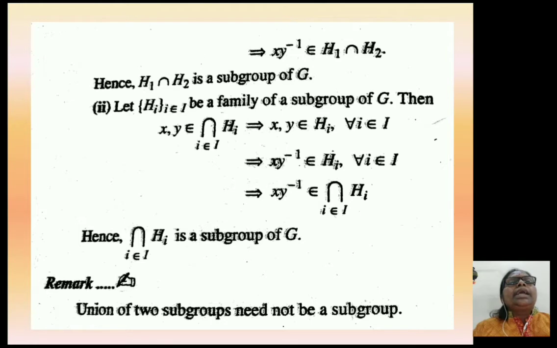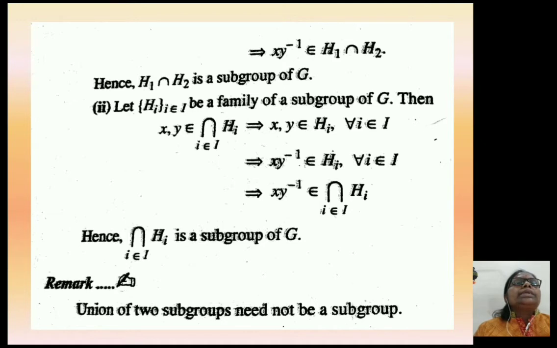Let the set Hi, i belongs to capital I, be a family of subgroups of group G. Then x, y belongs to the intersection of Hi, i belongs to I. This implies x, y belongs to Hi for all i belongs to I. This implies xy inverse belongs to Hi for all i belongs to I by the previously discussed theorems.